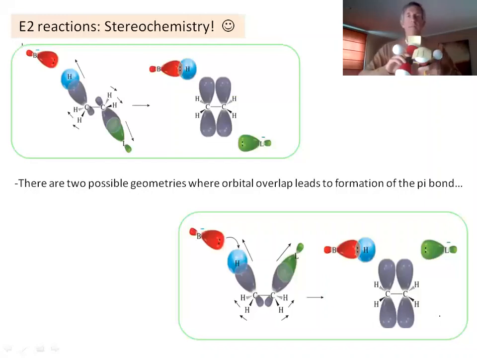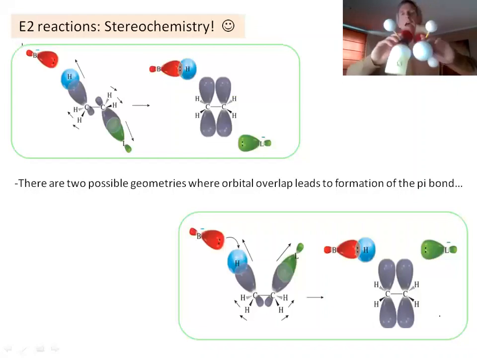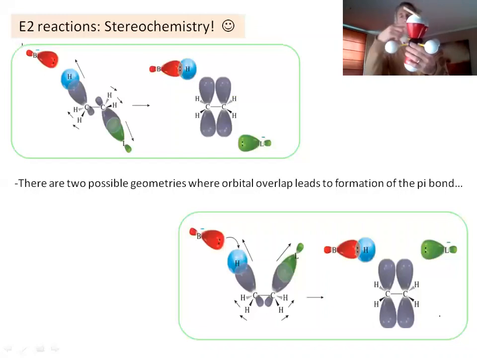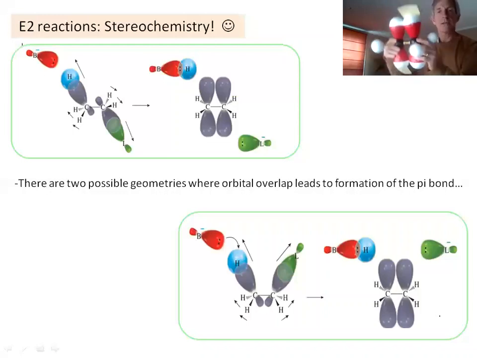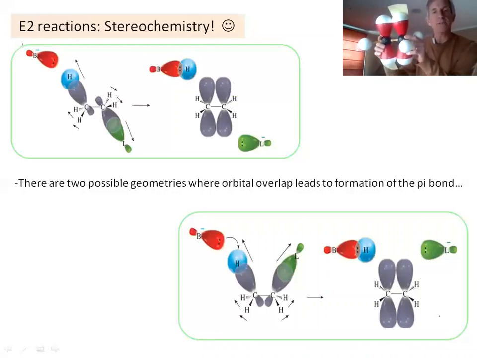So to make that pi bond again, I can spin it around until they obtain the orientation on the top here, where the hydrogen and the leaving group are on opposite sides, and they are planar to each other and trans or anti to each other. Does everybody see that? It's kind of cool. Feel free to break out your models.